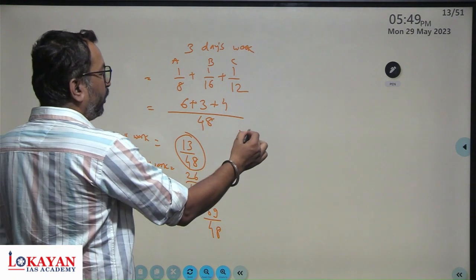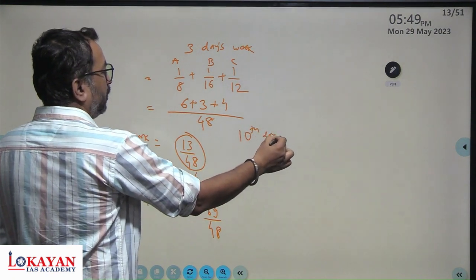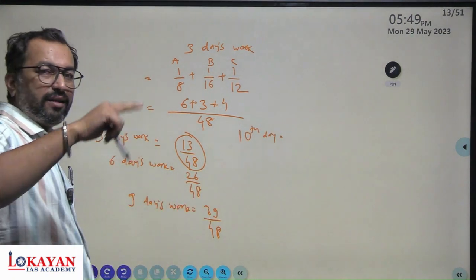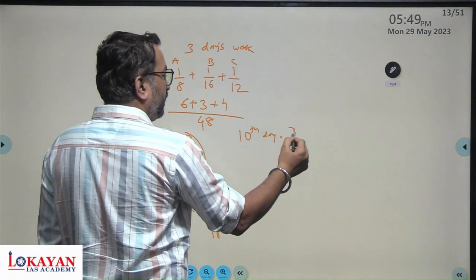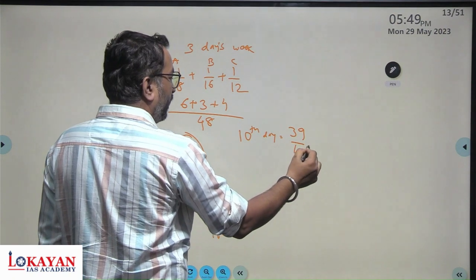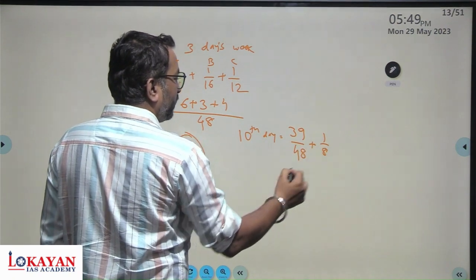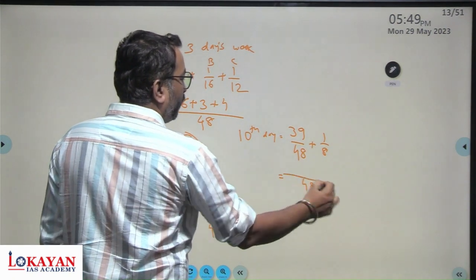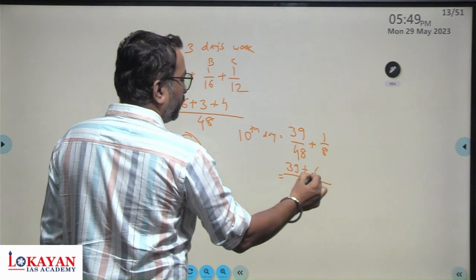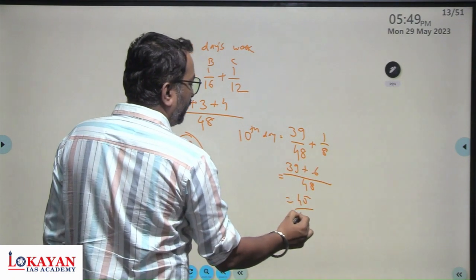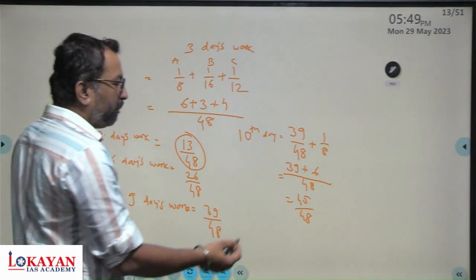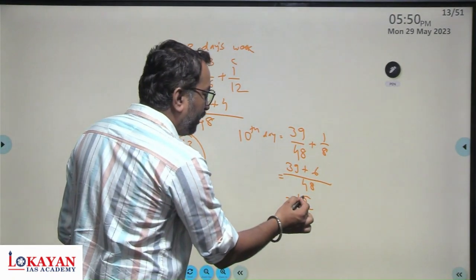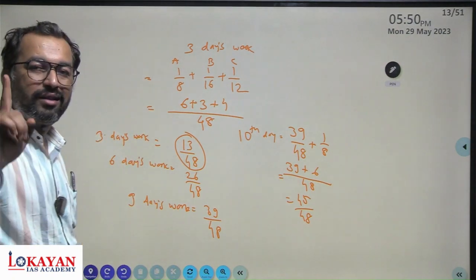Now on 10th day कौन काम करेगा? 10th day, see, ABC, ABC, ABC, 9 day हो गया, तो 10 day A काम करेगा. So इस 39/48 जो 9 day का वर्क है, इसमें A का वर्क ऐड करना चाहिए. So LCM is 48, so addition will be 45/48. ये हो गया 10 दिन का वर्क. अभी भी काम पूरा नहीं हुआ क्योंकि we haven't got answer as 1.